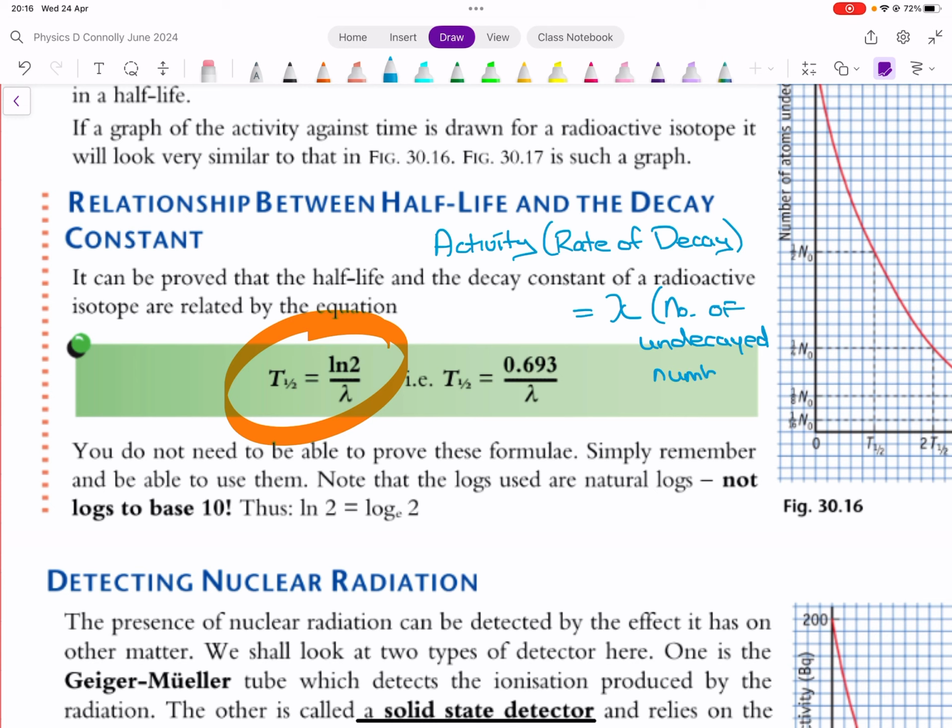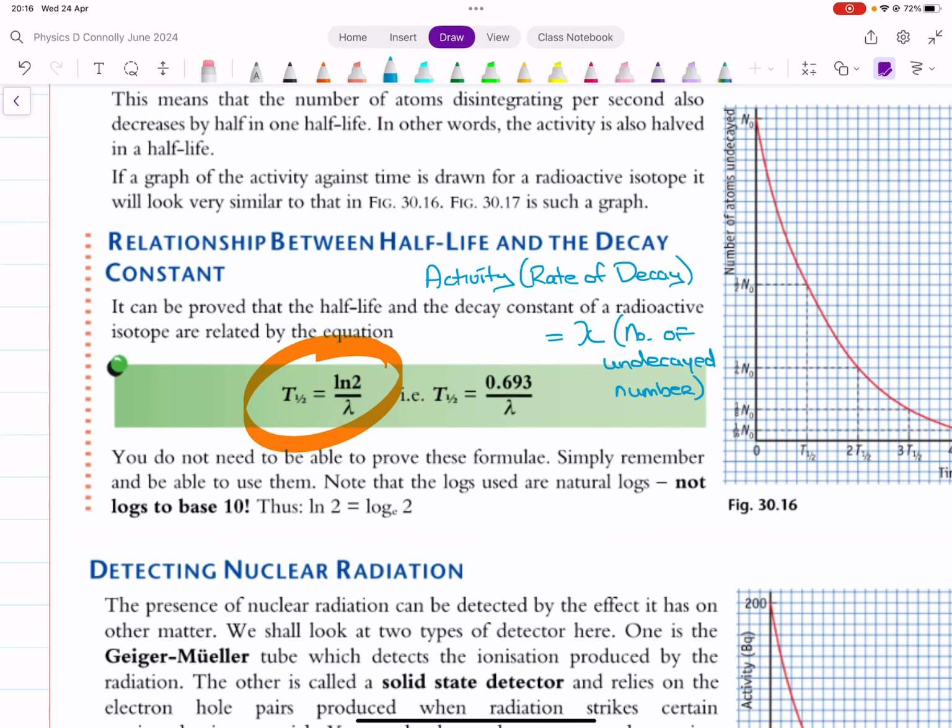And lambda was the decay constant. So this formula here in the orange box is how the decay constant relates to the half-life. So T a half is the half-life, ln2 is a constant, and then over the decay constant.